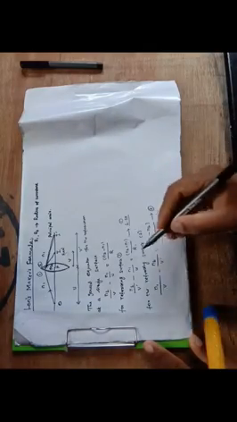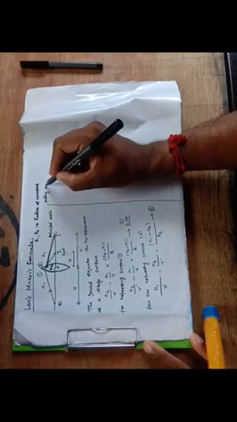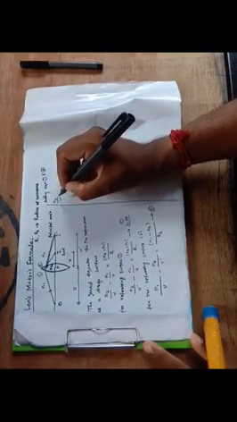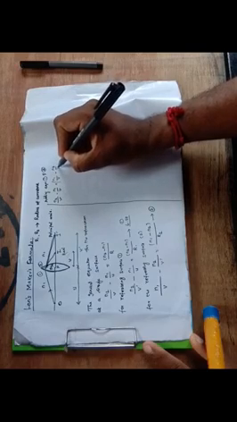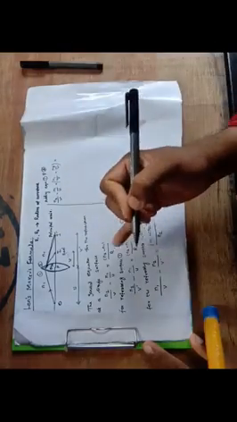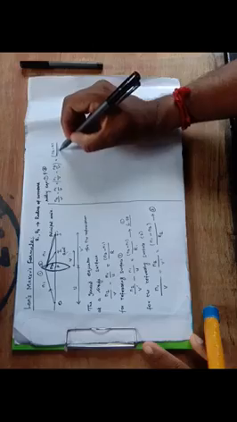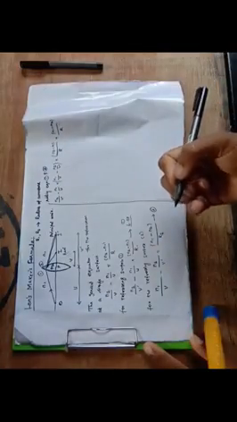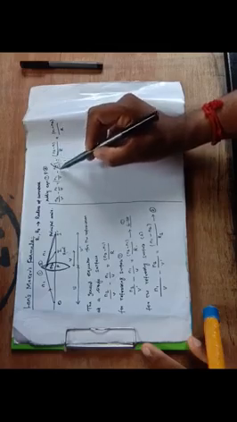So from equations 1 and 2, we are going to add them. Adding equations 1 and 2, on the left hand side we get N2 divided by V dash minus N1 divided by U, added with the second equation, plus N1 divided by V minus N2 divided by V dash, is equal to, on the right hand side, N2 minus N1 divided by R plus N1 minus N2 divided by R. Students, when we add these equations, here this is N2 divided by V dash and this is minus N2 divided by V dash, both are cancelled.